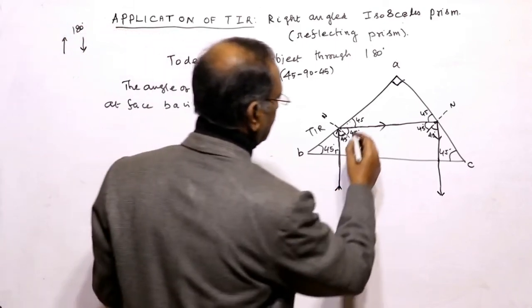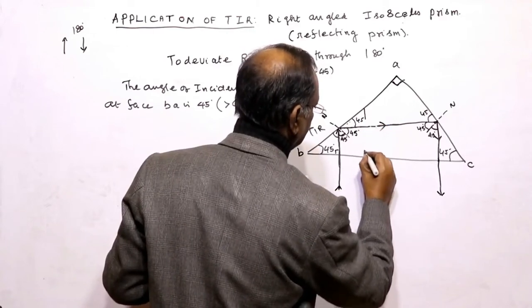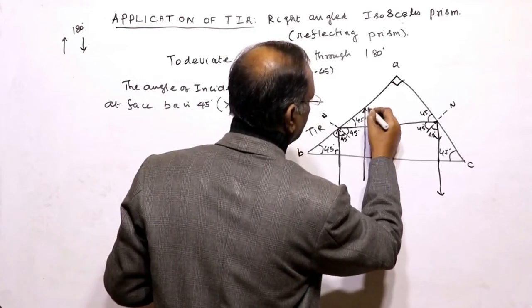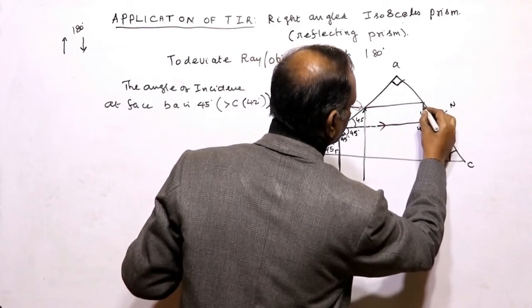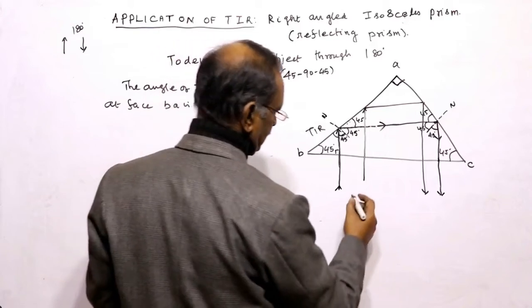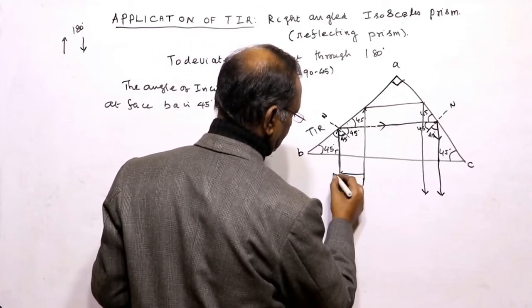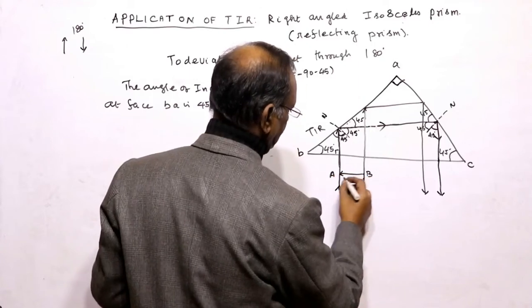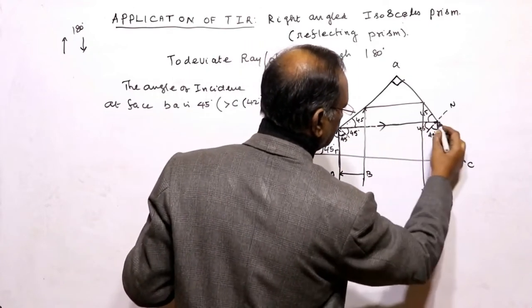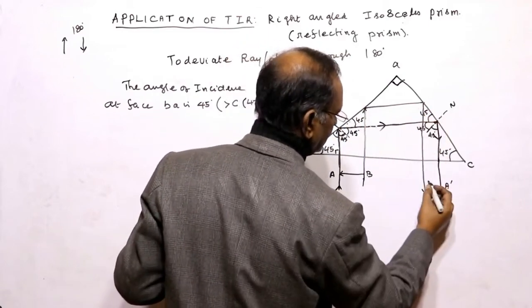Now another ray, we take another ray like this, which is going from here like this. At incidence, it will also undergo the same process. Suppose the object is kept like this, this is A, this is B. The ray goes here, A will come here, A dash, B goes this way and comes here.